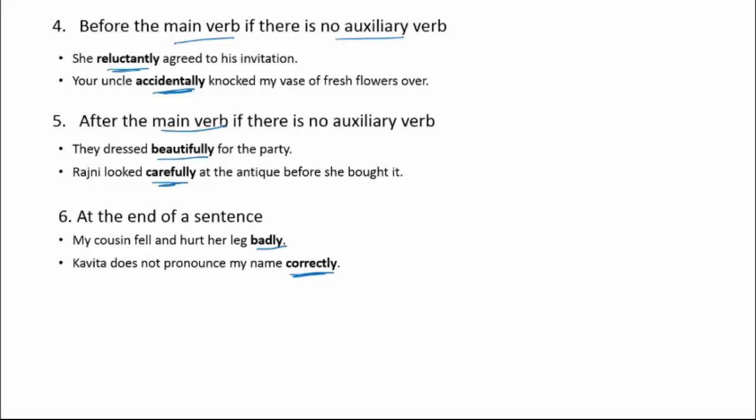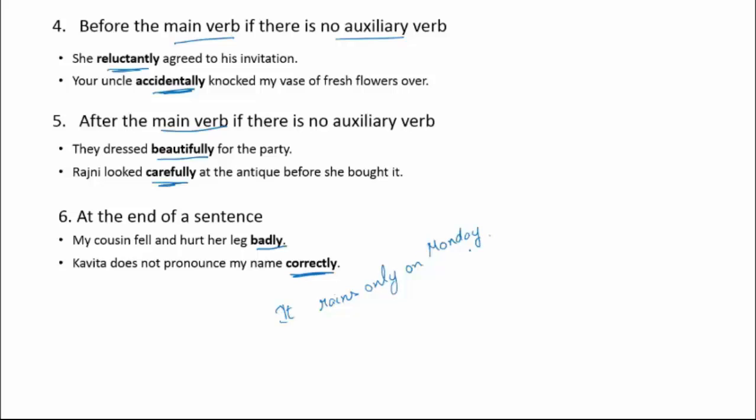Now what happens is, wherever you use the adverb in the sentence, it actually changes the person or the action on which you have to give stress in that sentence. For example, it rains only on Monday.